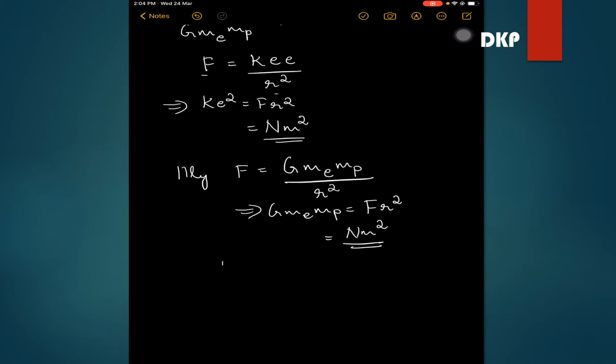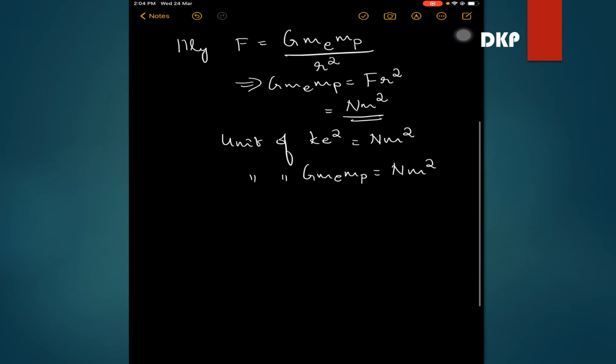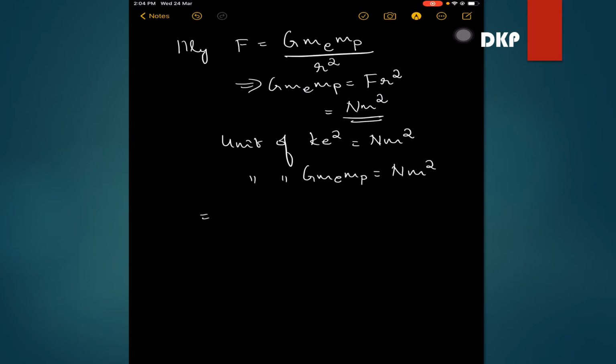The unit of Ke square is Newton meter square, and also the unit of Gmemp, which is the denominator, is also Newton meter square. We can write this in dimensional formula. For Newton it is M L T minus 2, and for meter square L square.